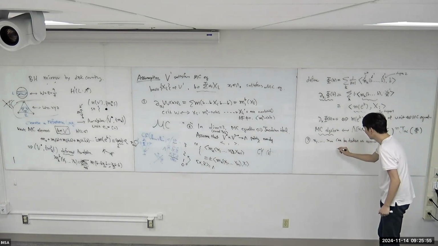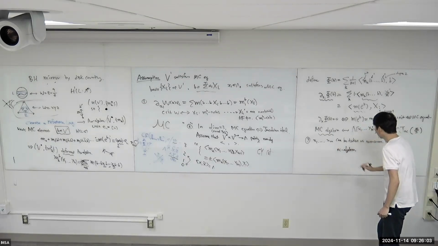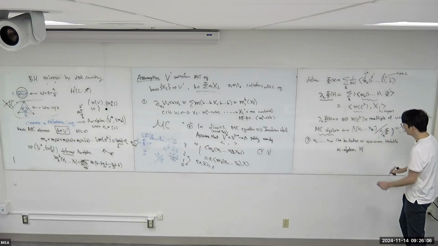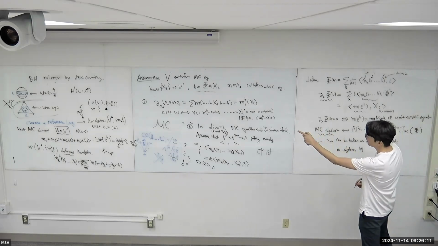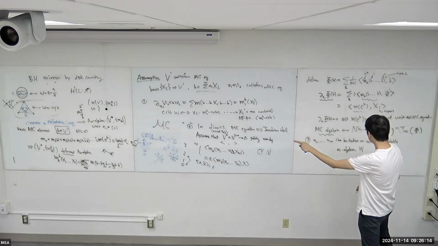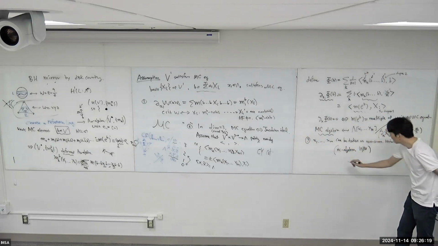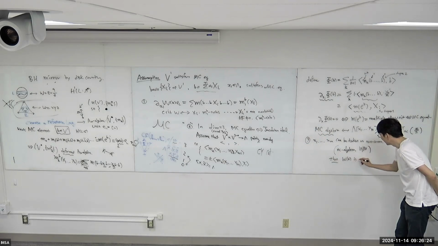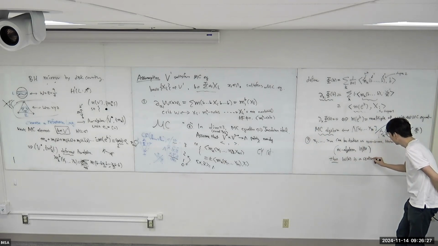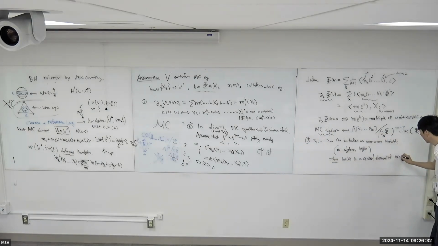At the end, what you get is some NC algebra, and you have this potential function WB, and I can prove that this potential function is always a central element of this non-commutative algebra.